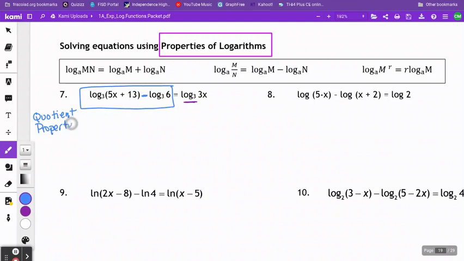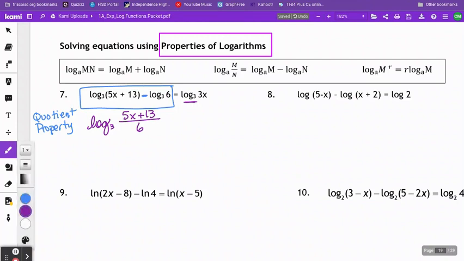So if I use the quotient property, I'm able to condense these two logs into one log by putting the first one as the numerator of a fraction, and then the second one as the denominator of my fraction.